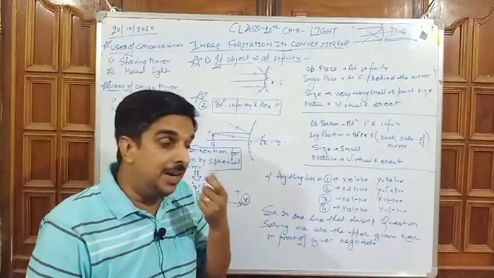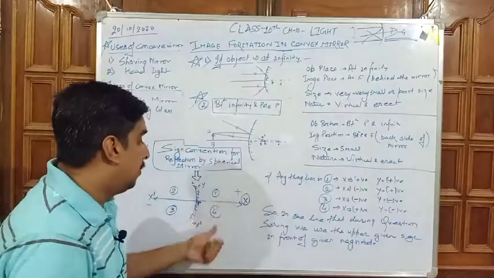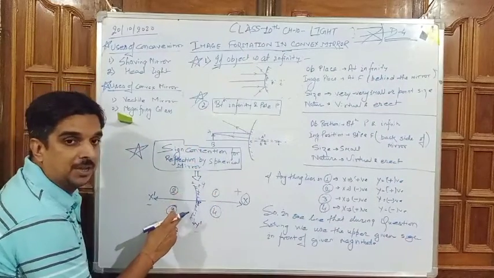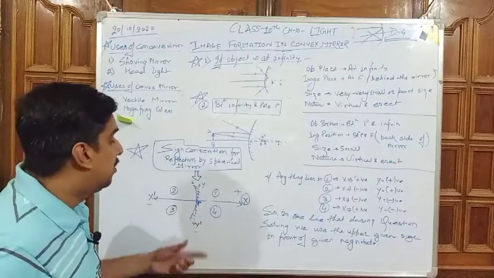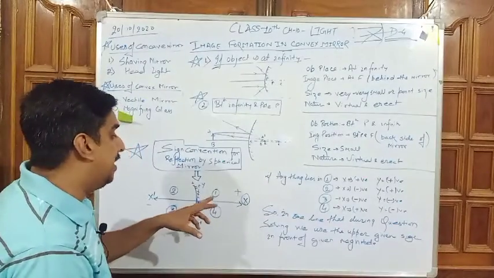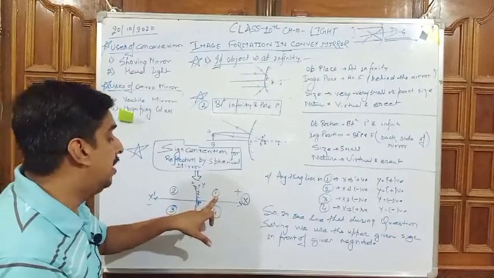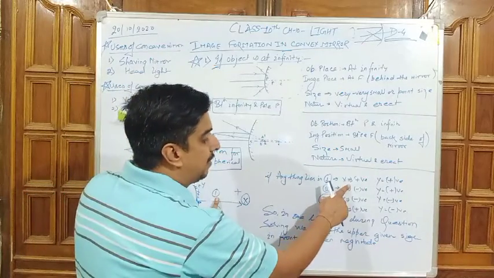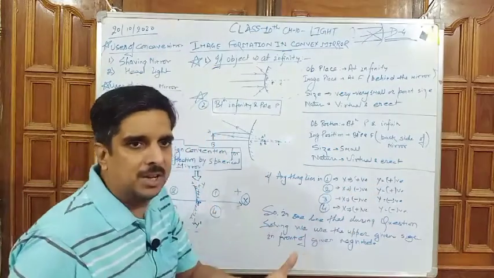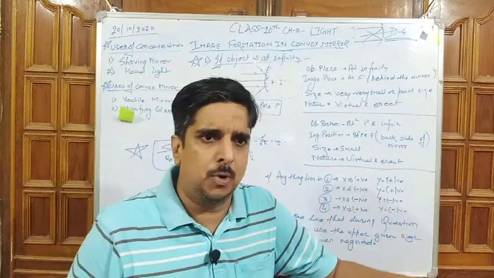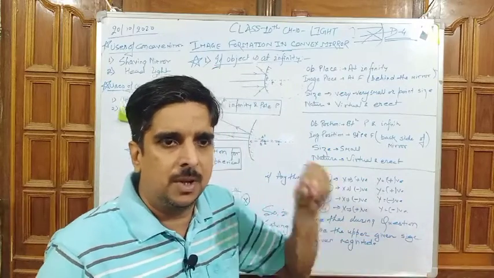It means if anything lies in the first coordinate, second coordinate, third coordinate, or fourth coordinate, always memorize that if anything lies in the first coordinate, x will be positive, y will be positive. Whatever the term, we will consider both as plus sign, in front of the magnitude.